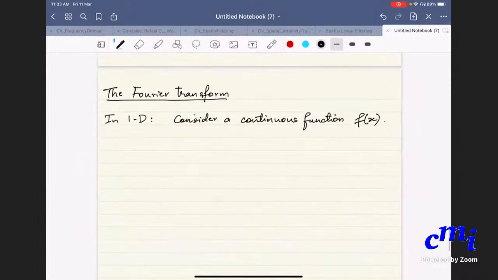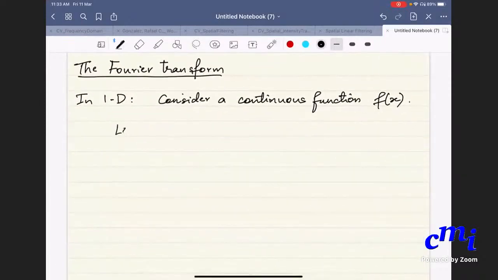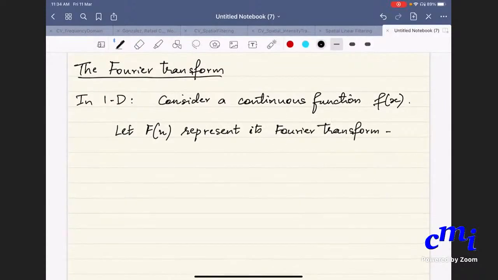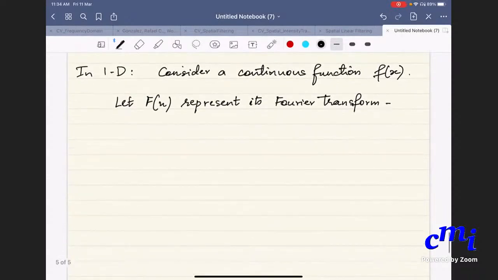Let capital F of u represent its Fourier transform, where u corresponds to the spatial frequency. The definition of F of u is the integral from minus infinity to infinity of f of x e raised to minus 2 pi i ux dx.